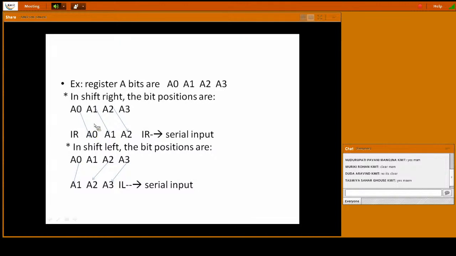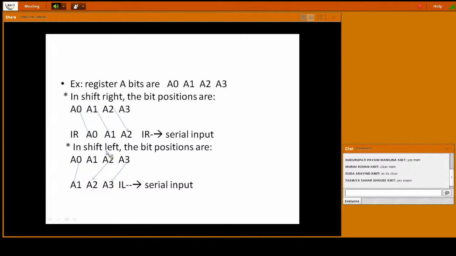The bits will be moved towards the right side like this. And at the MSB position, a serial input will be included. That serial input can be anything. In case of logical shift, this serial input will be 0. In case of circular shift, this serial input will be equivalent to A3. In case of arithmetic shift, that will be A0, the same MSB value.